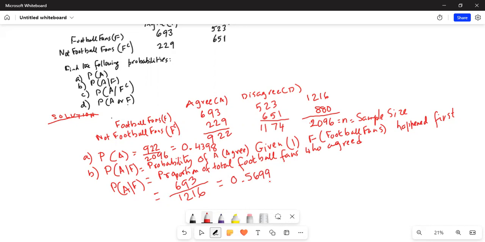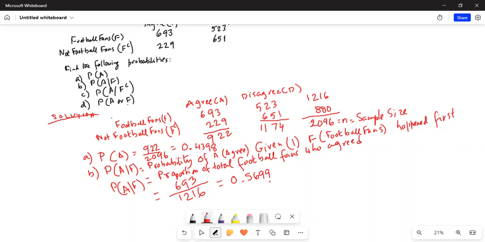What does it mean? It means approximately 57% of the football fans agree with the assessment that the new NFL rules help to reduce injury. So out of 1216, 693 agreed. That's what we have found.